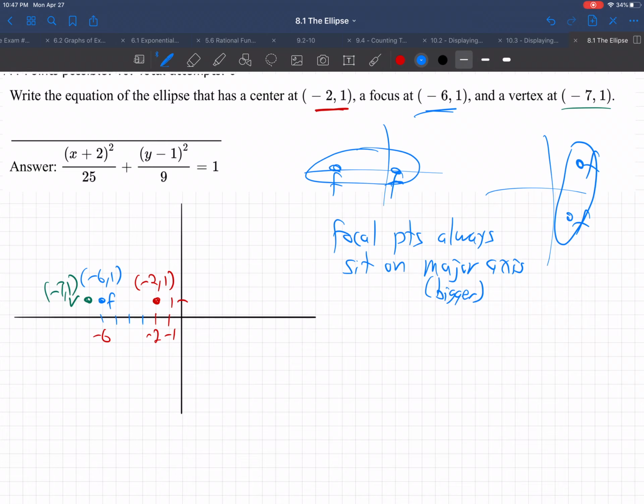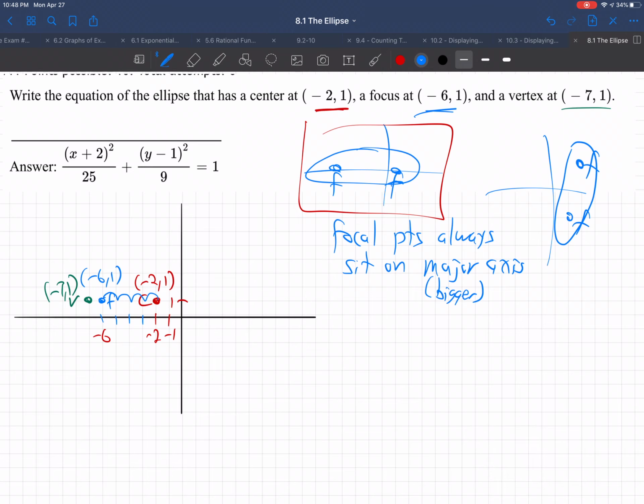Well, on this one, we know this graph must be wider. Why? How do I know? Because here's the center right here, and the focal point is to the left of it. So the focal points are left and right, which means I must have a graph like this. So let's find the other focal point. How far from the center to the focus point? 1, 2, 3, 4. So it's got to be 4 the other direction.